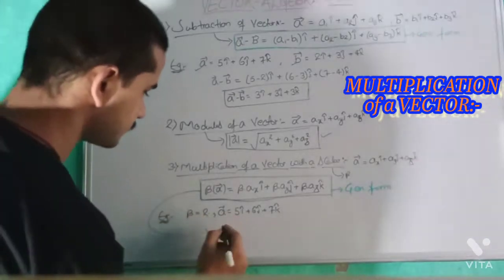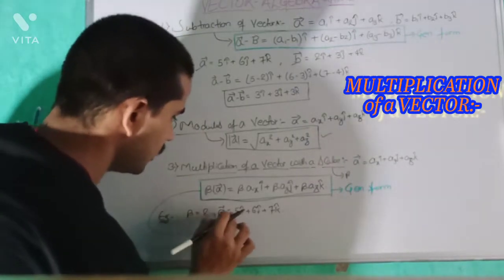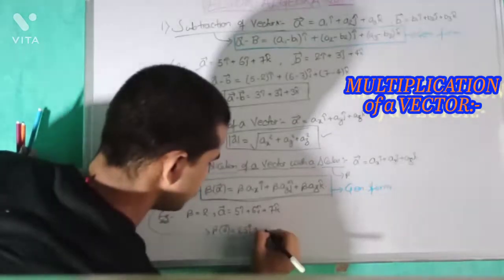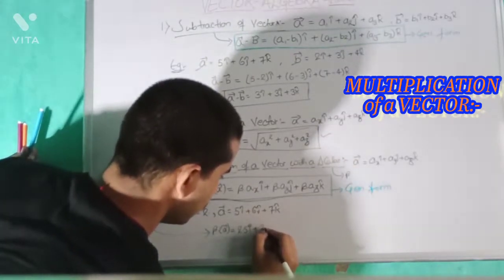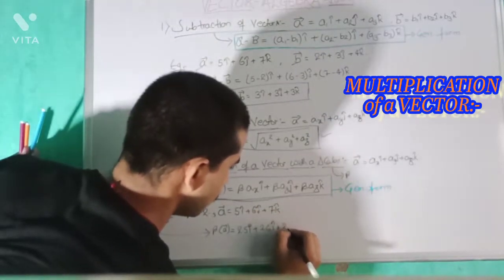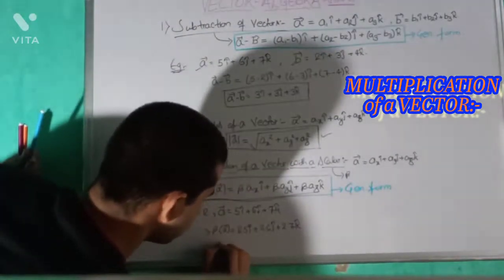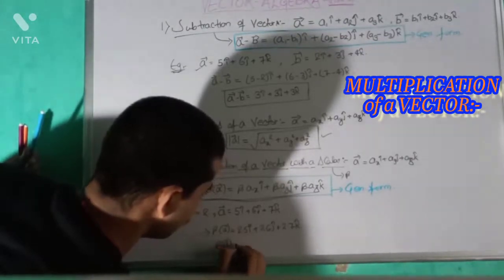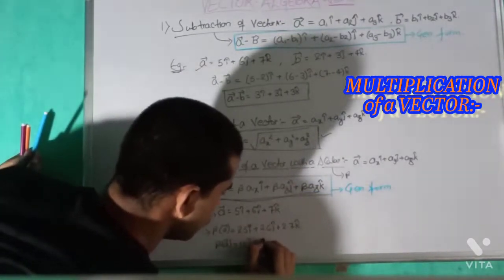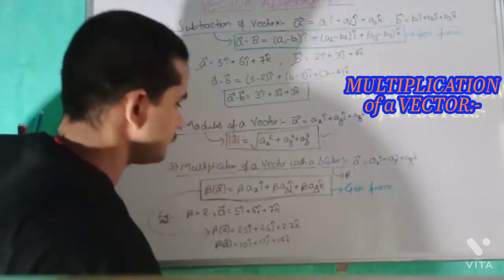Beta into a vector gives us 2 into 5 I cap plus 2 into 6 j cap plus 2 into 7 k cap. Now simplifying it further, the product of beta into a vector will be 10 I cap plus 12 j cap plus 14 k cap.